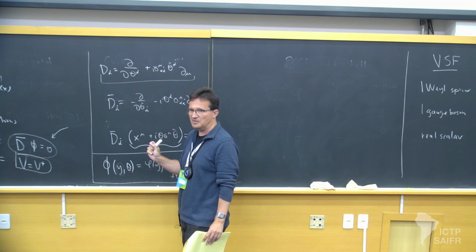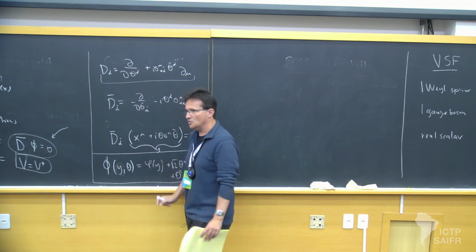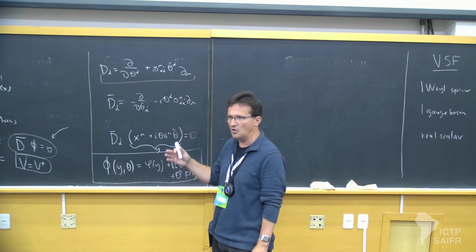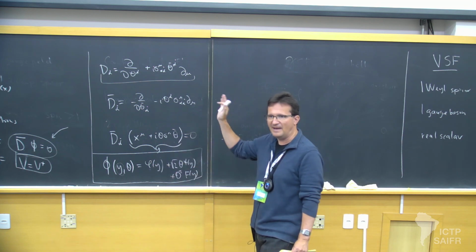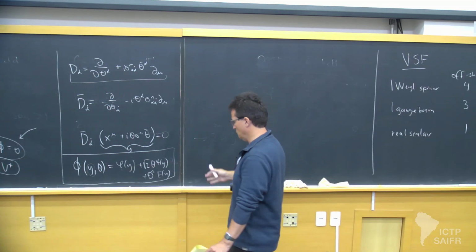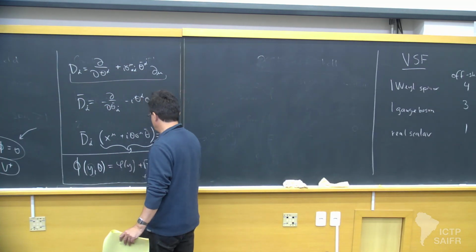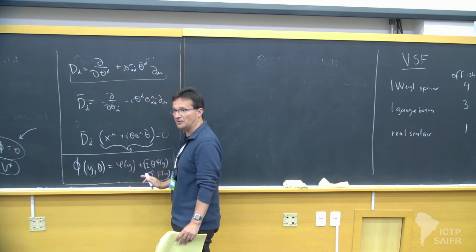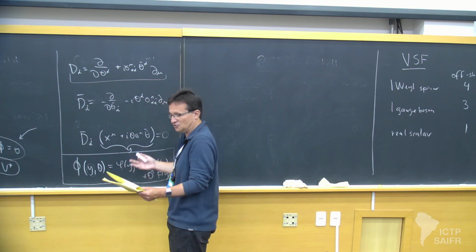If you don't use it this way, there will be pages and pages of algebra, and this is the thing that Wess and Zumino found back in the early 70s, how to do the supersymmetry transformations of these fields into each other, to maintain supersymmetry.